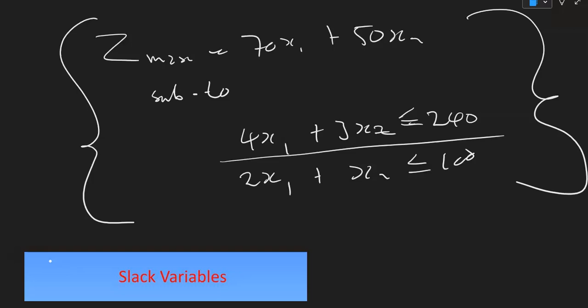If 240 are the total hours you're going to spend creating tables and chairs, this equation is saying that when you're creating chairs and tables, you might not use the whole 240, or you might exhaust it. In the event that you haven't used all of it, that leftover portion is what you are going to term a slack variable, the unused number of hours.